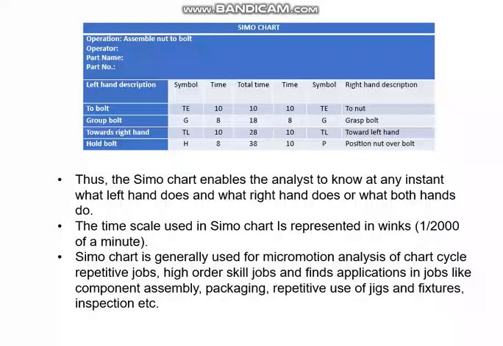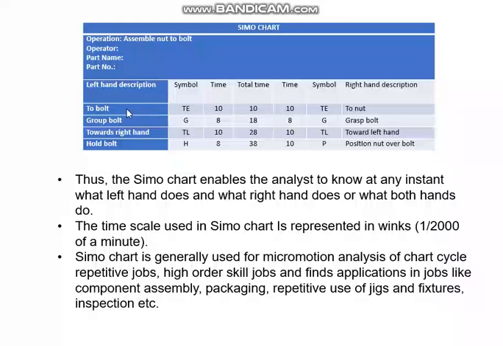So that is a wink. In the bracket it is given, it is 1 upon 2000th of a minute. One minute has 60 seconds, and in 60 seconds, can you count 2000? No, you cannot. That means this wink is a very short duration. That is a wink, 1 upon 2000th of a minute. So these are the things.